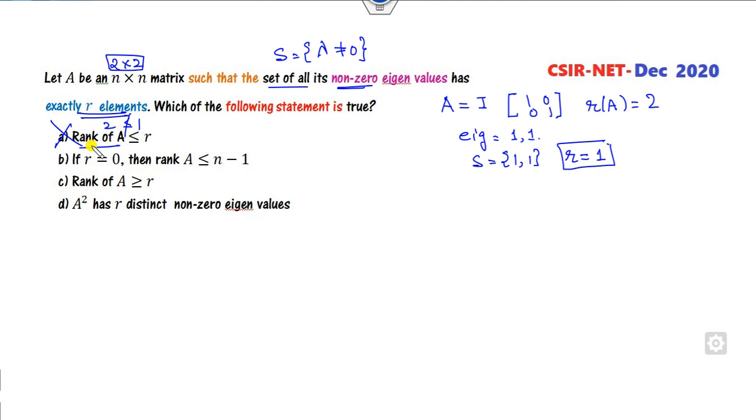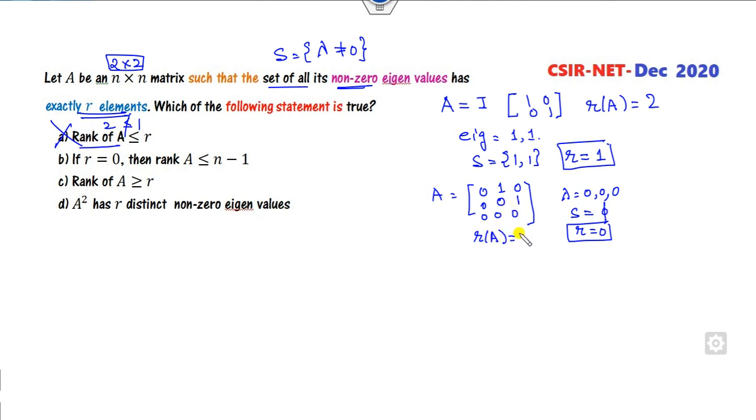Look at another option. R is 0. What is R? It is the number of elements in the set of all non-zero eigenvalues. That's again very simple. If I say R is 0, say the matrix has zeros on the diagonal and a 1 off the diagonal, for example 0, 1, 0, the eigenvalues are 0, 0, 0. So this set S is empty, so R is 0. But what is the rank of this matrix?